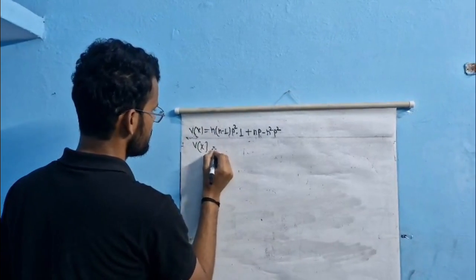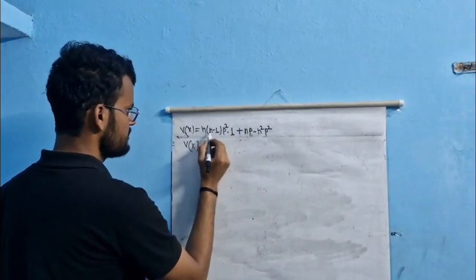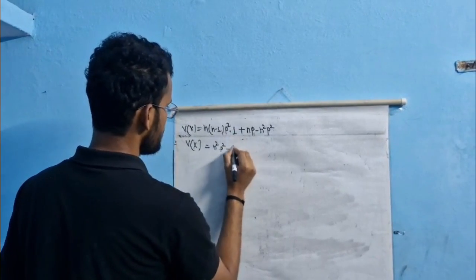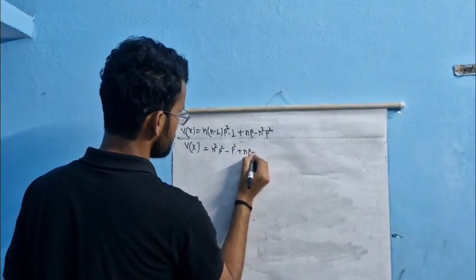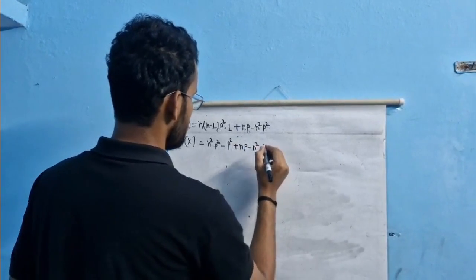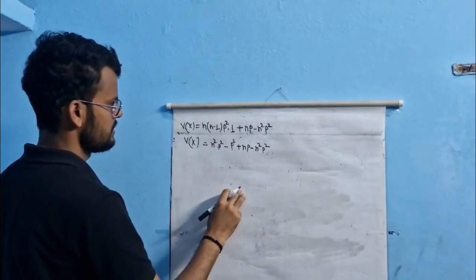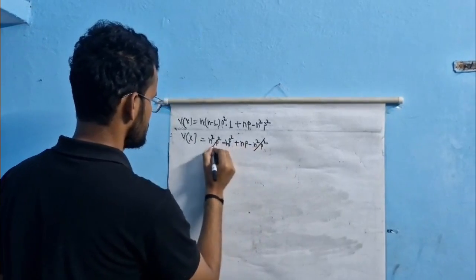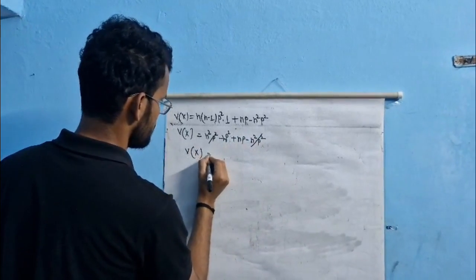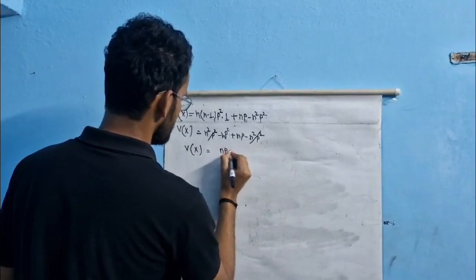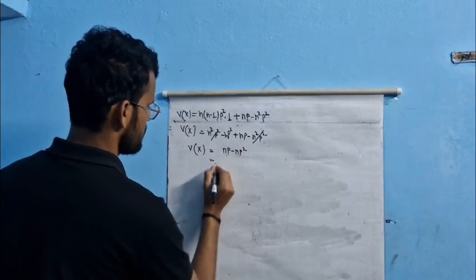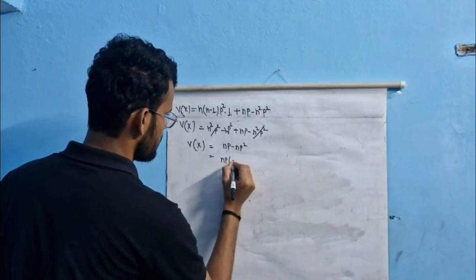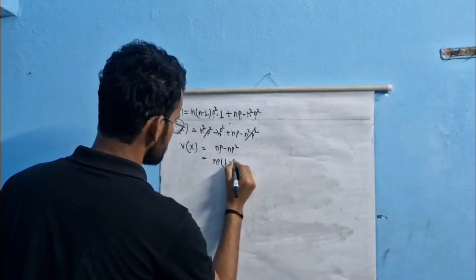Variance of x is equal to n square p square minus n p square plus np minus n square p square. Here n square p square cancels, and variance of x is equal to np minus np square. We take np common from this expression: np into 1 minus p.